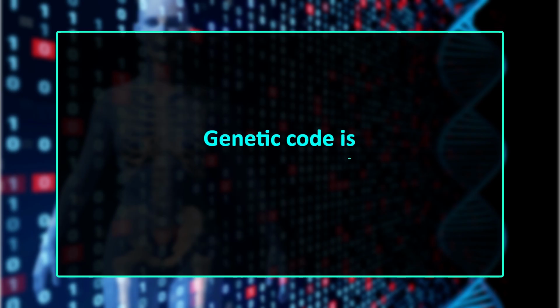Dear students, let's now discuss that the genetic code is degenerate. Although each codon is specific for only one amino acid or one stop signal, the genetic code is described as degenerate or redundant because a single amino acid may be coded for by more than one codon.